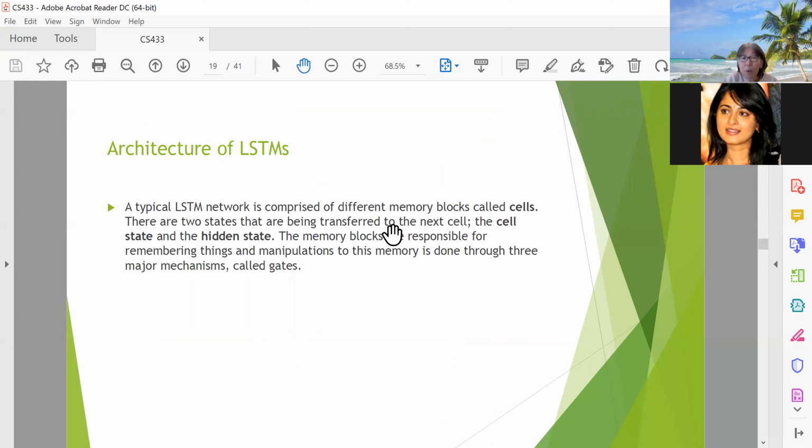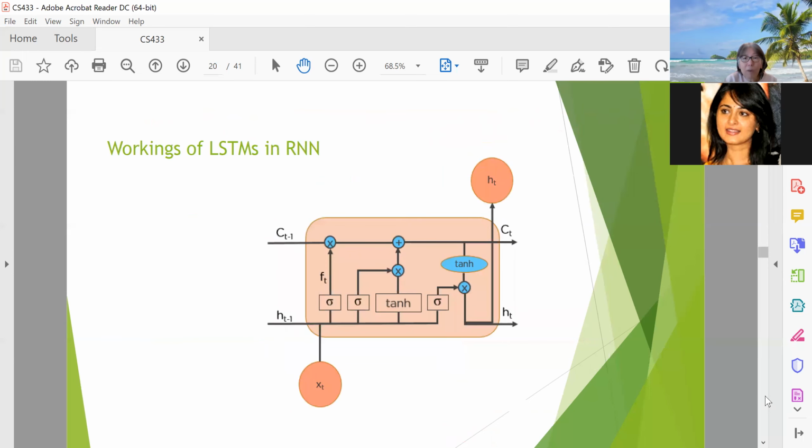We already understand the cell state and hidden state. This diagram is similar to the previous one, but has more information. As we already explained, the lower arrow represents short-term memory, and this upper one represents the long-term memory.